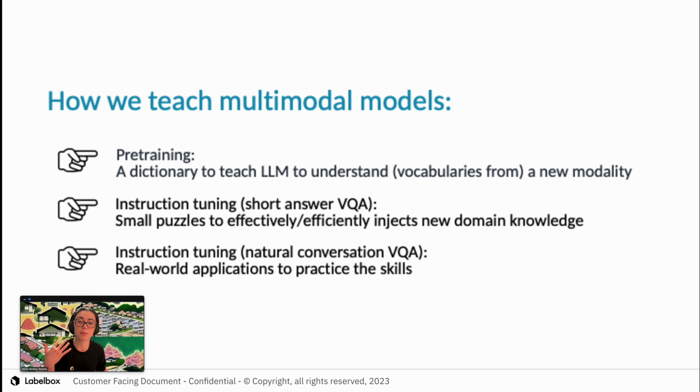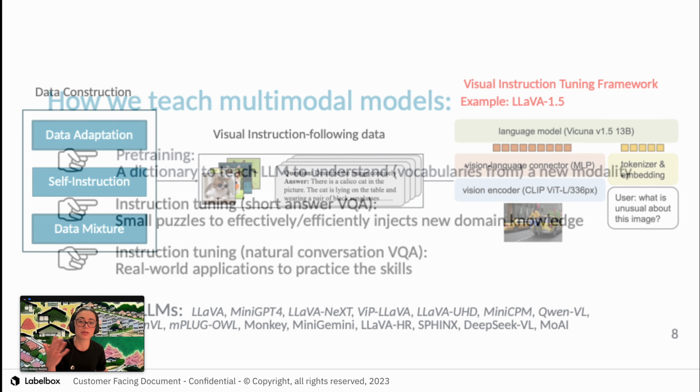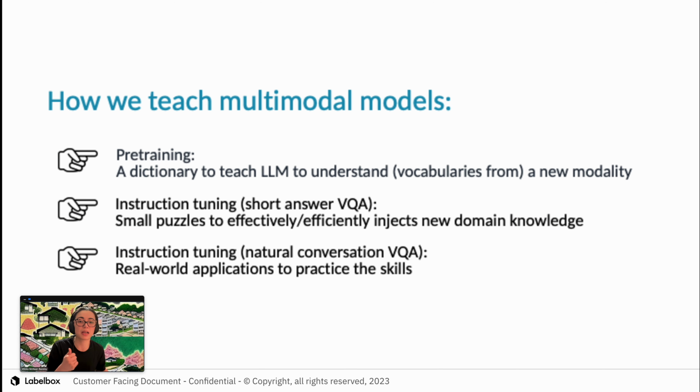In terms of the method, you expose the model to a large and diverse data set to build a foundational understanding of each modality. For instruction tuning with short answer VQA, the model is given small focused tasks, like puzzles, that help it learn how to apply its pre-trained knowledge to specific questions and answers related to images.